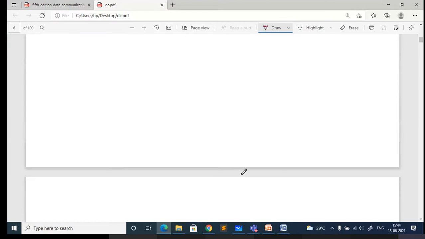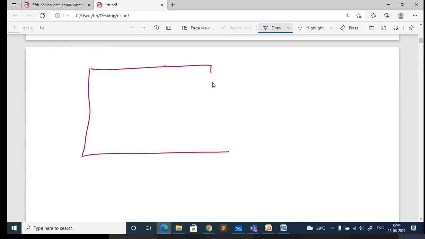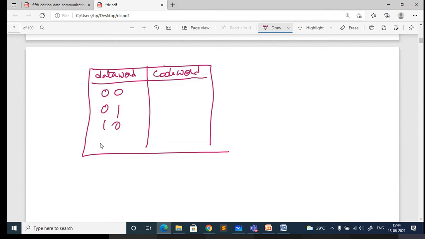The table is required, so let me quickly write it. This is not actually very important, but it is a very basic thing you need to understand the further methods. Here I have data 00, 01, 10, 11 and the valid code words. Write the data first: 00, 01, 10, 11. Add the extra bits 0, 1, 1, 0.